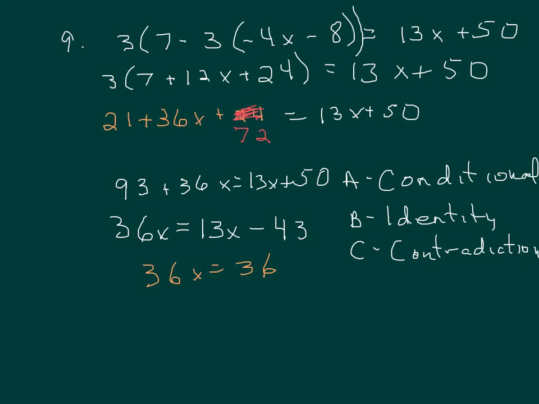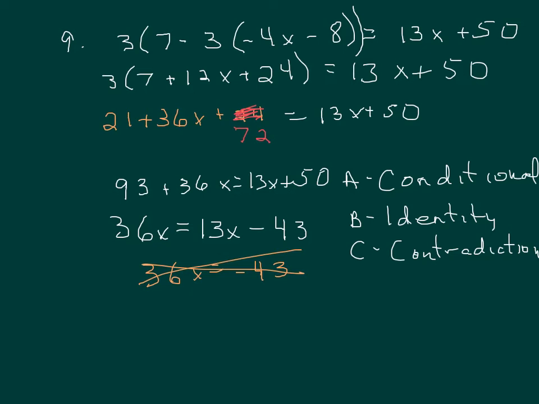I think what you did is you actually got 36x equals negative 43. But that isn't correct. You eliminated the 13x for some reason.